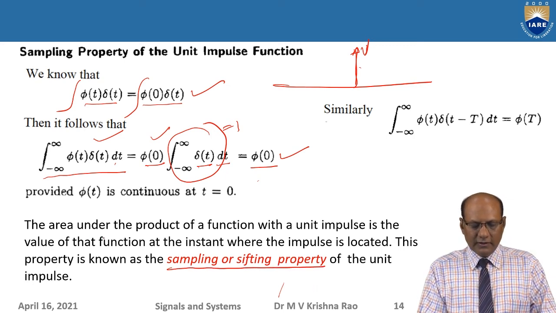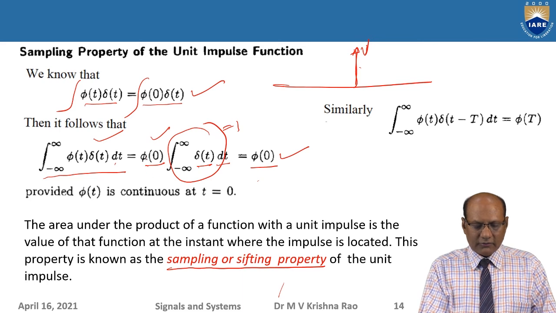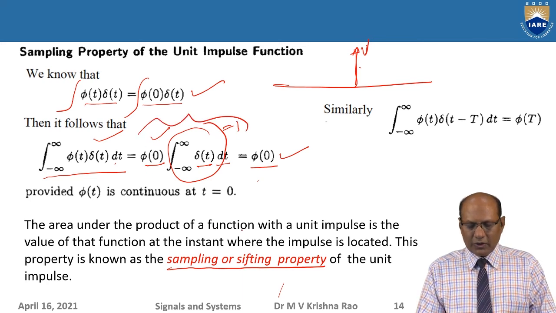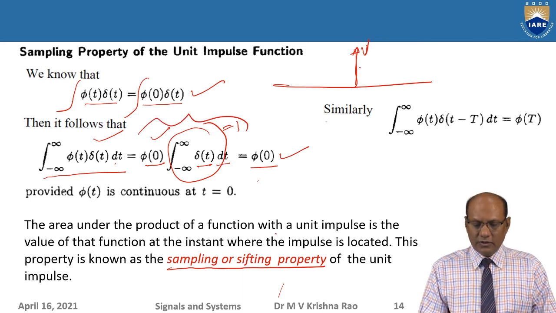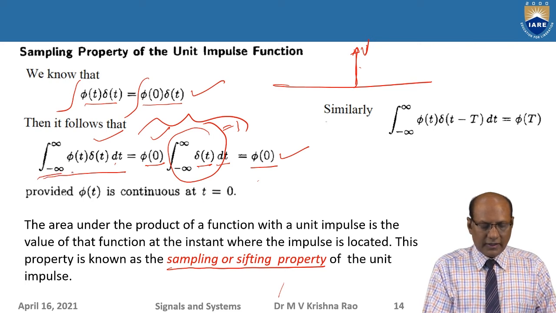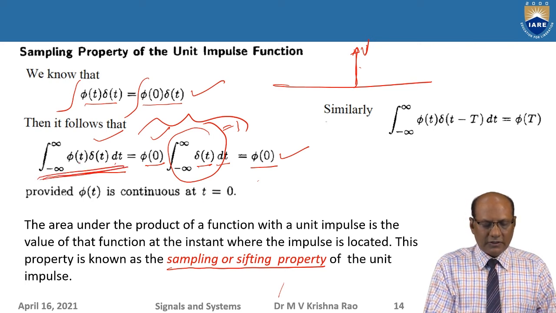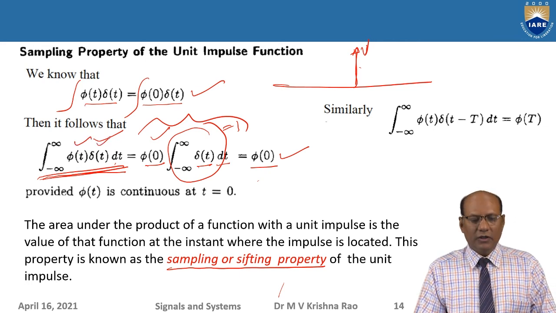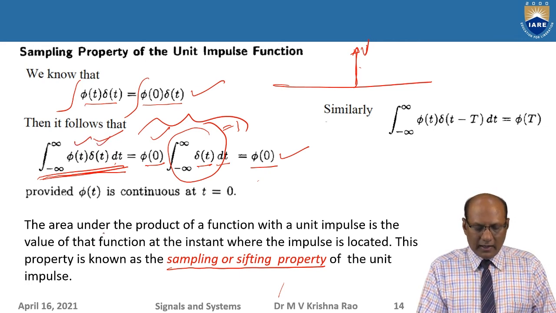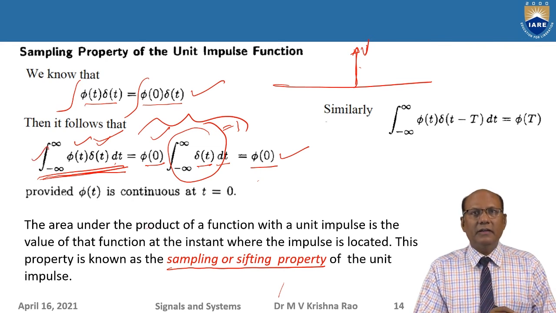What is this one? The area under the product curve. What is the product? Phi of t, delta t. This is the product, and area under the product function means integration.